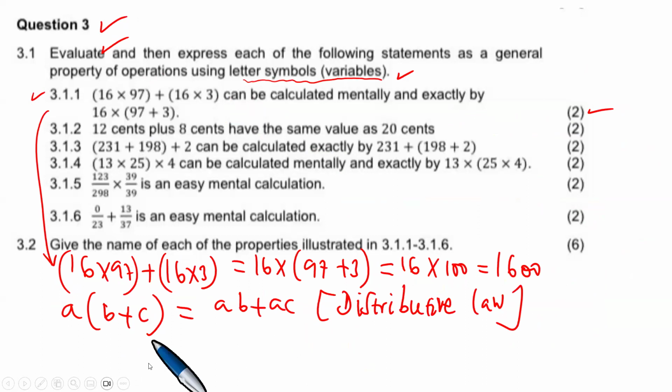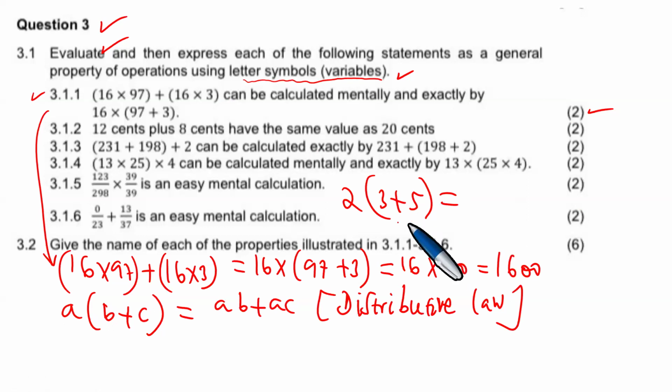If you have 2 times the bracket 3 plus 5, what is the answer? The students will say this is 2 times 3 plus 2 times 5. It's obvious, but there's a law, and this is called the distributive law.